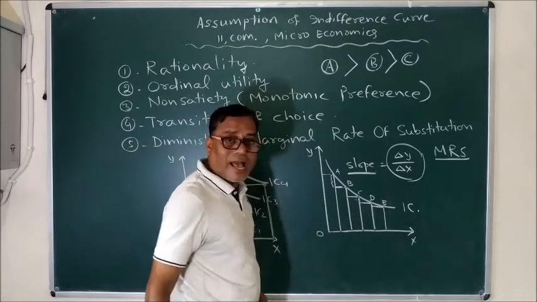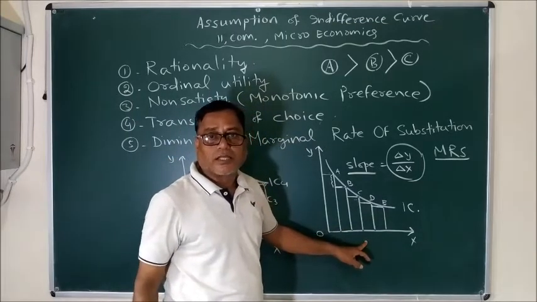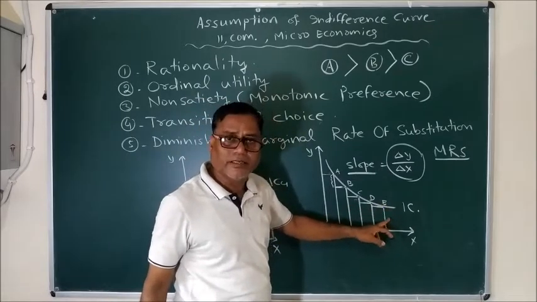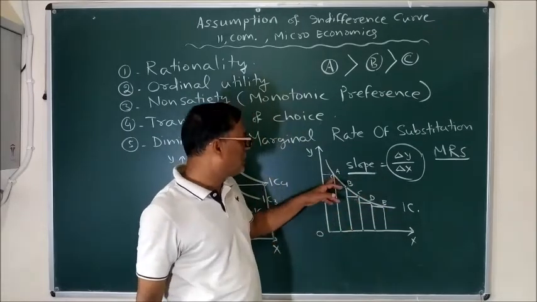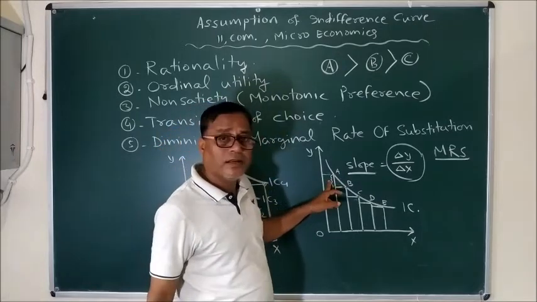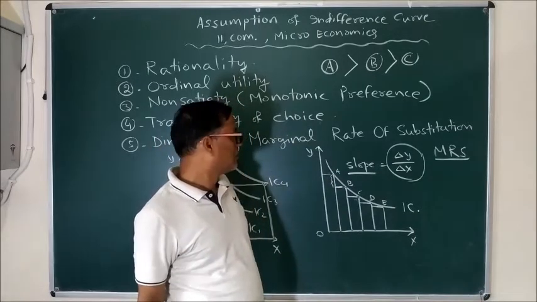That means as the stock of X in the hand of our consumer keeps increasing, he is willing to sacrifice lesser and lesser Y to gain 1 more unit of X.